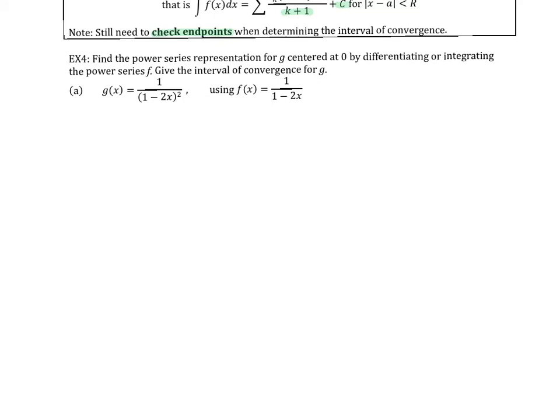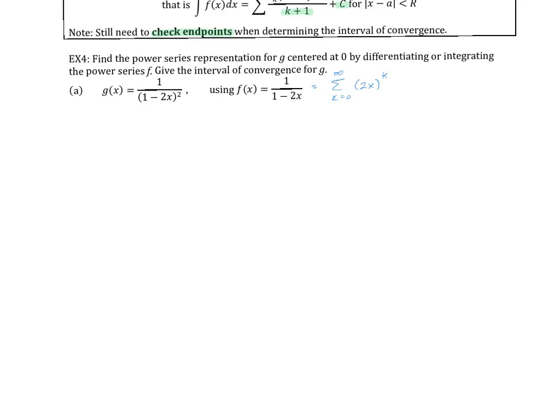What I know about f, and this is from the previous examples, is that it's equal to this series from k equal to 0 to infinity of (1 minus 2x) to the k power. All we're doing is replacing x with 2x, and this was from our previous theorem when we were combining power series.